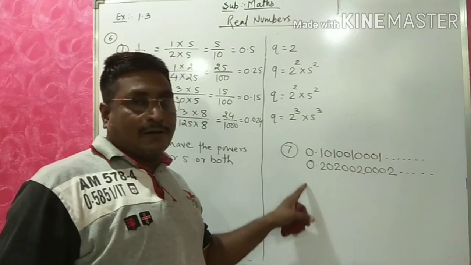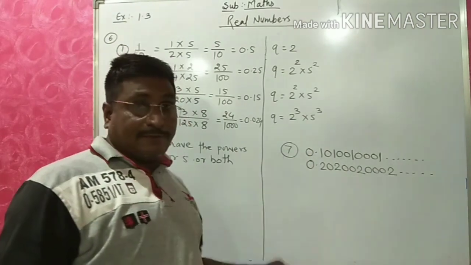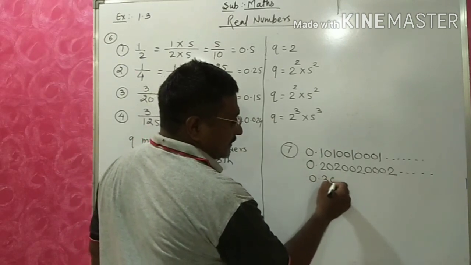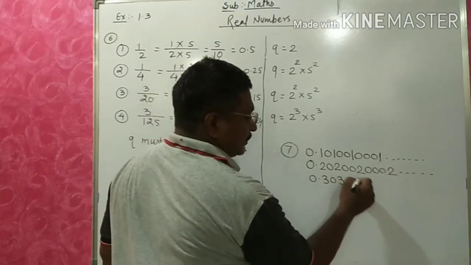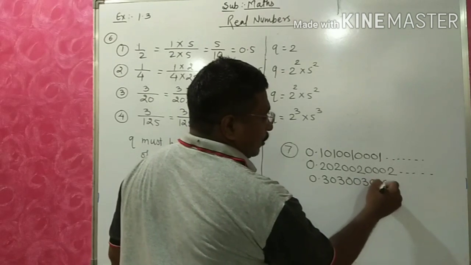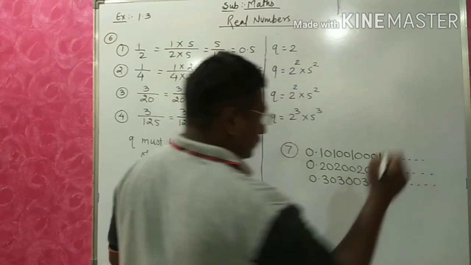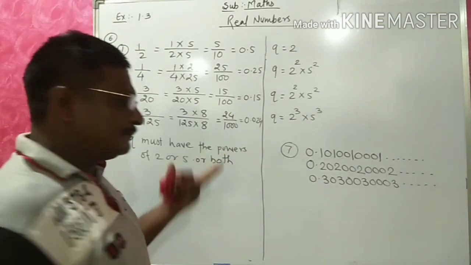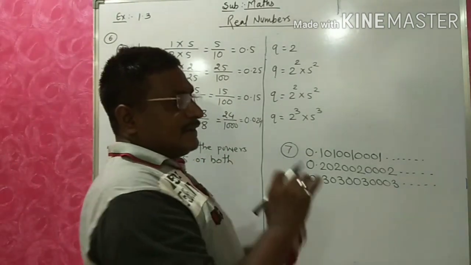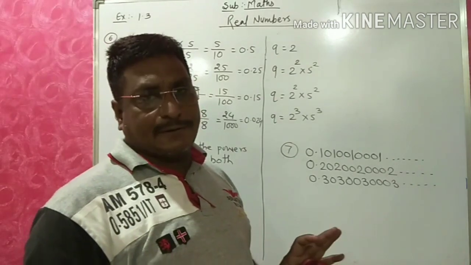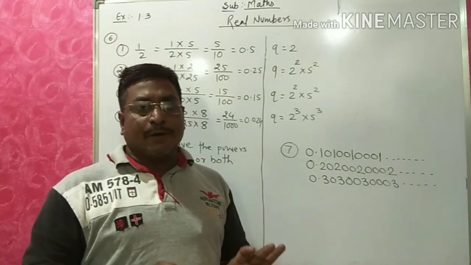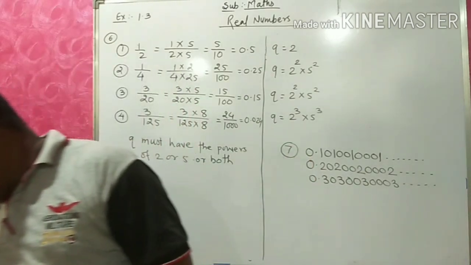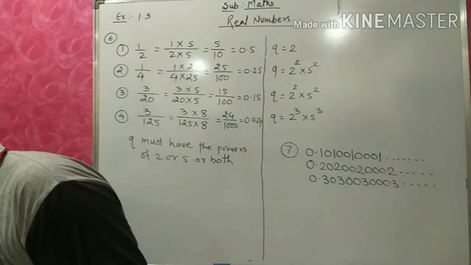Same way, the third example: 0.30, 3, 20, 3, 30, 3, and so on. Any 3 they said, so we can write infinitely many. The condition is that the number should not repeat. Hope you understand, students, how to write the 3 irrational numbers.